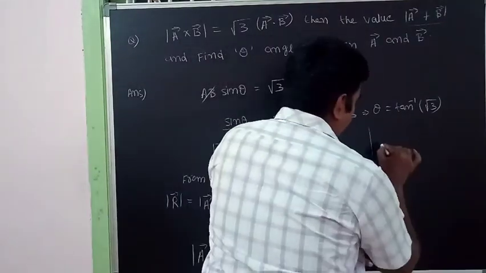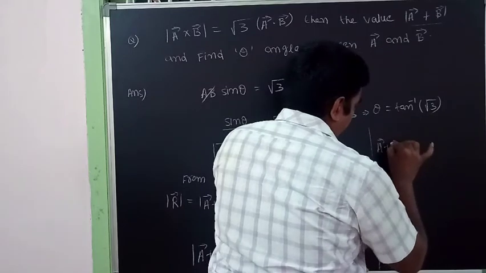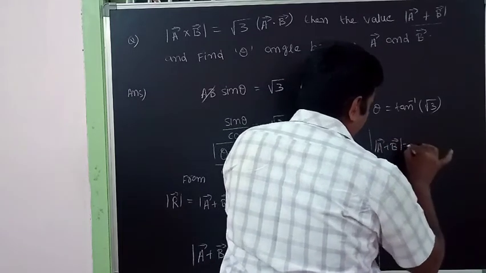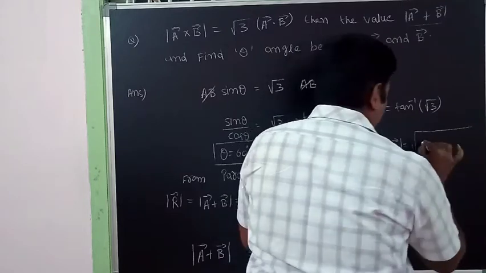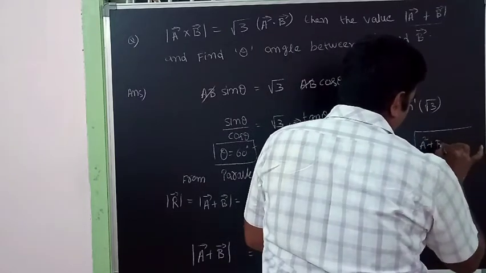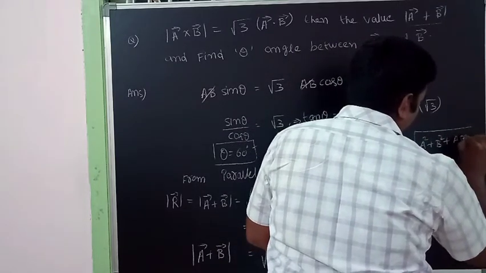The modulus of a vector plus b vector is equal to root of a square plus b square plus ab.